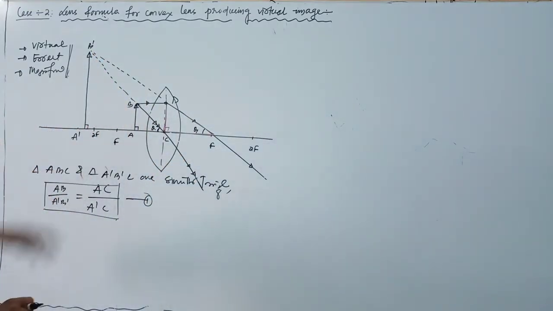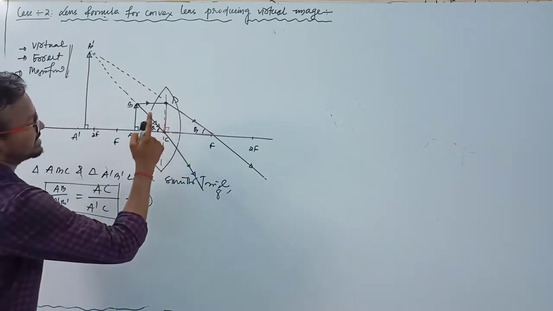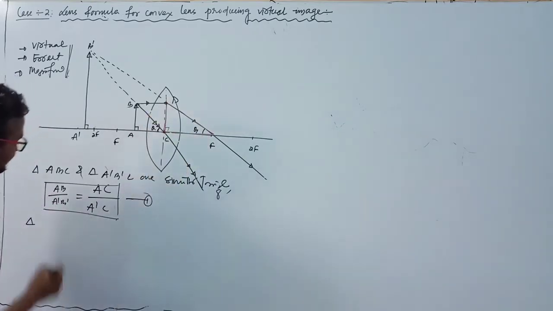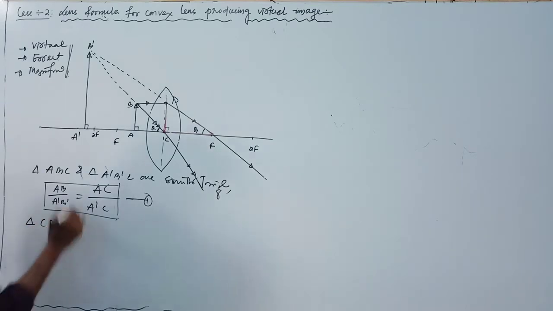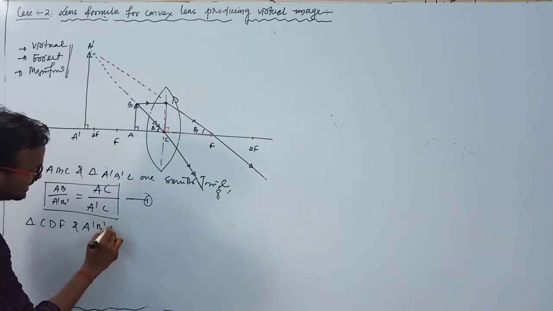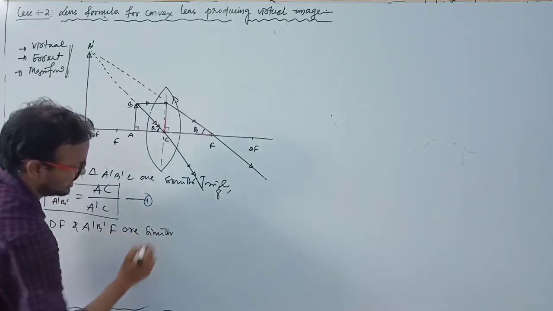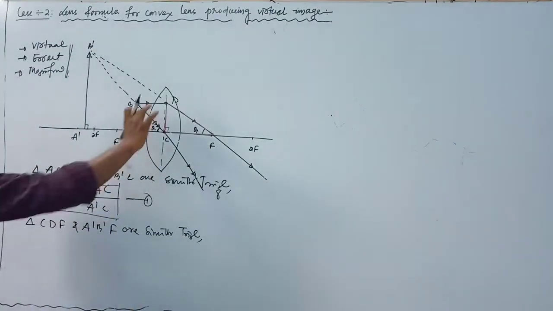So these two are similar triangles. So triangle CDF and triangle A'B'F are similar triangles.